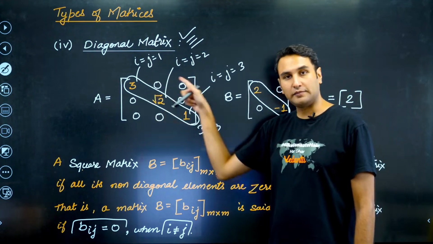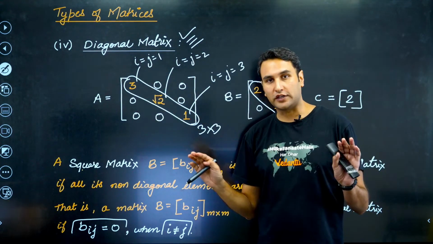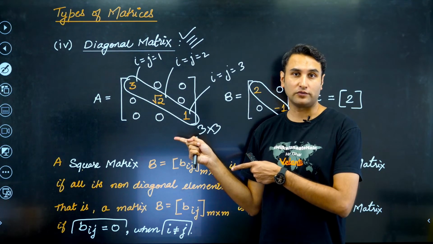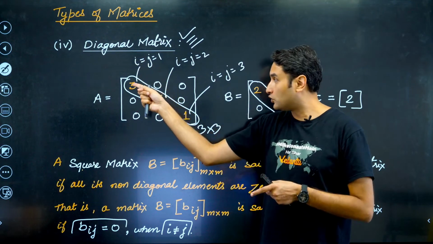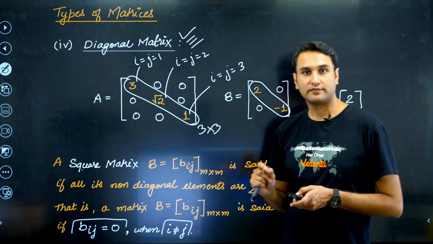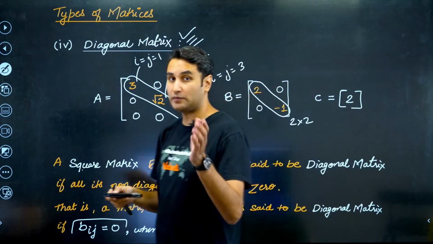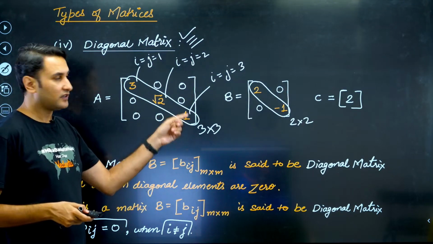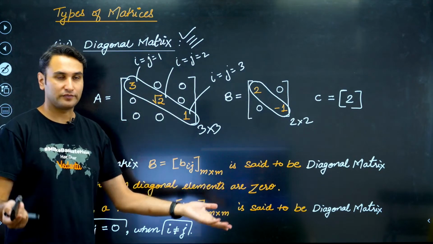For all other elements, i and j are not equal. If they are not equal, they should be 0. They had better be 0 for a diagonal matrix. Only the ones where i and j are equal are non-zero. They can be 0 as well, by the way. But the others are definitely 0. Cool.